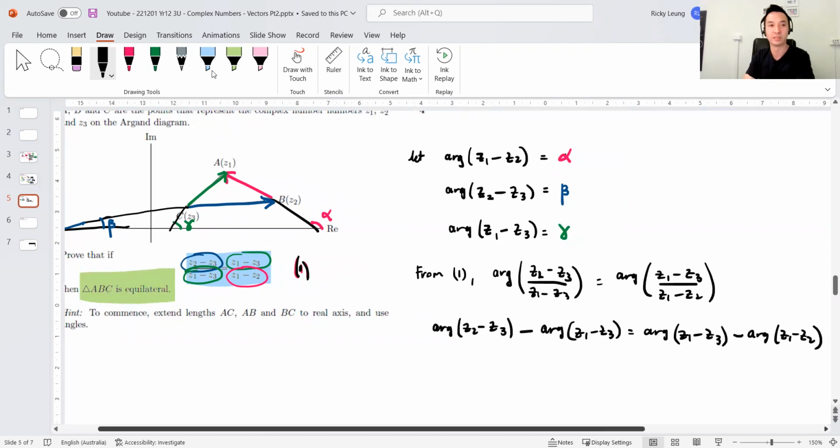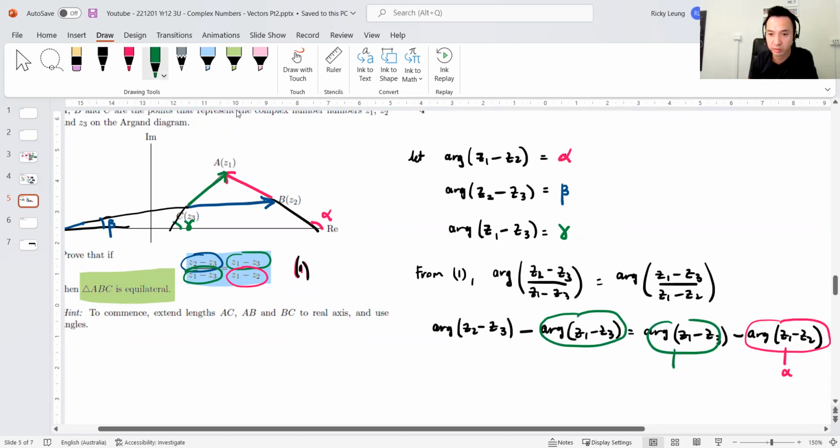This guy here is alpha. Gamma is this guy and this guy. So alpha minus gamma equals gamma minus, oh, this one's beta, sorry.